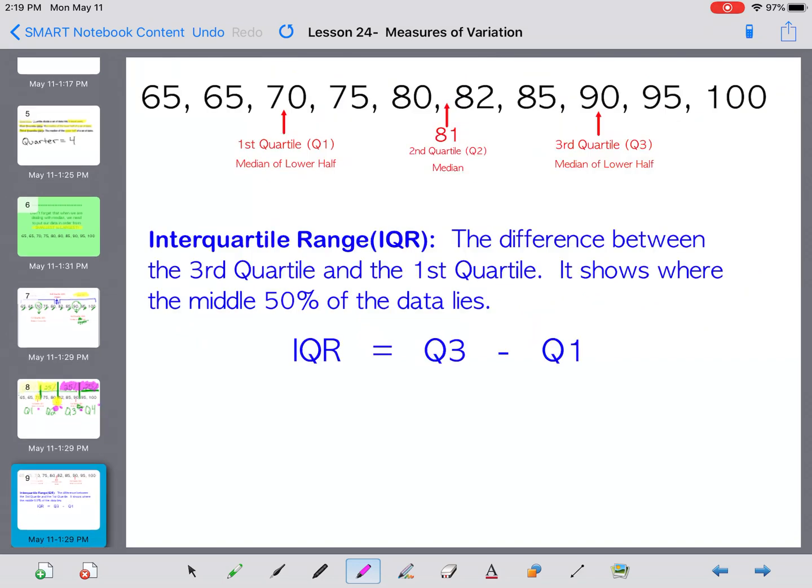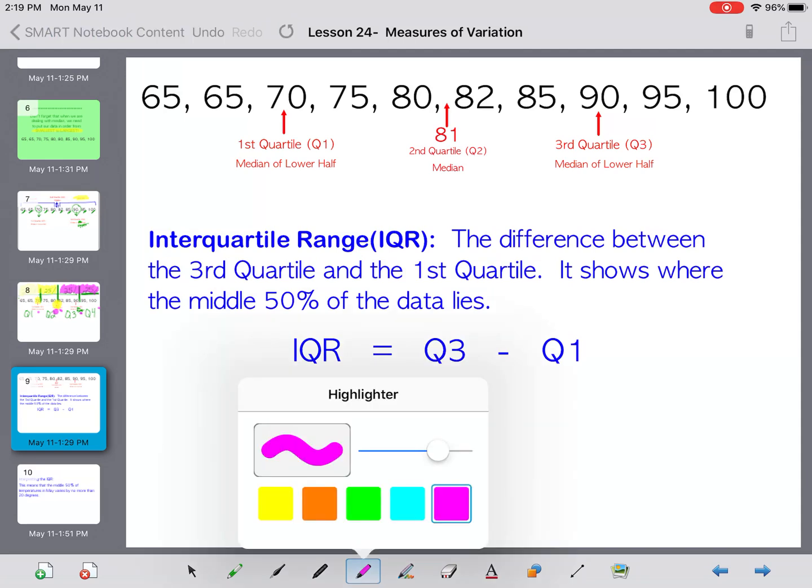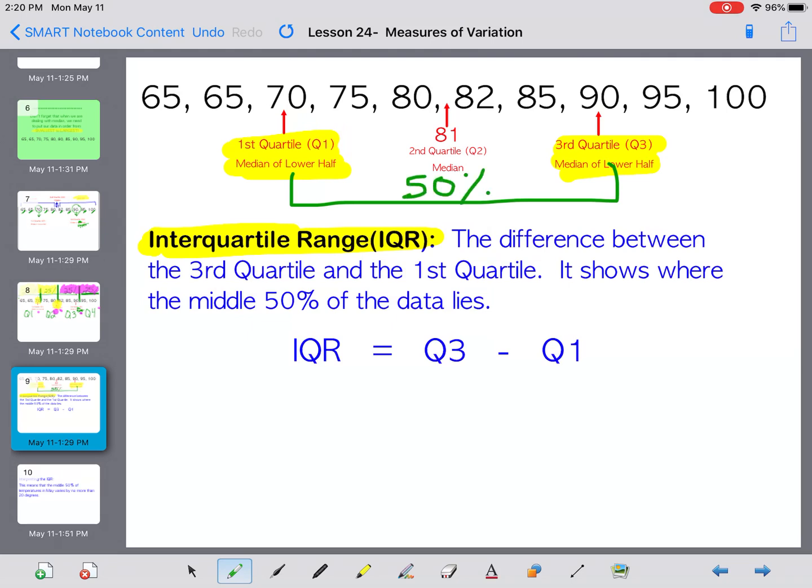Now, there's one more term that you guys might end up hearing, and that's the interquartile range. What they want you to do for the interquartile range is find the difference between your first quartile and your third quartile. The interquartile range is where 50% of our data falls.